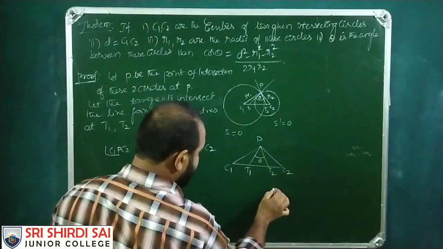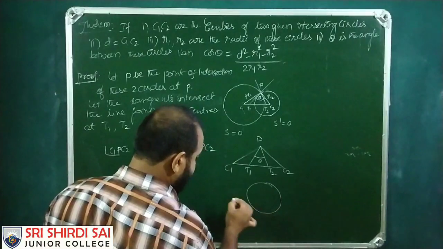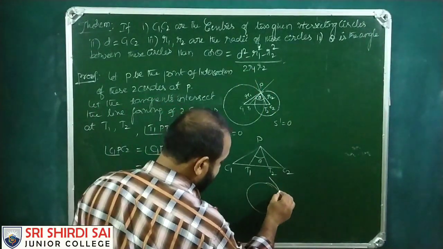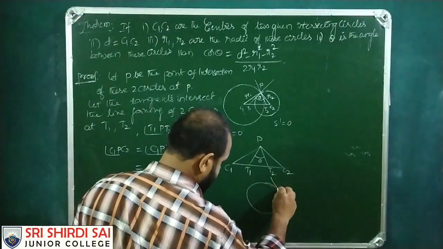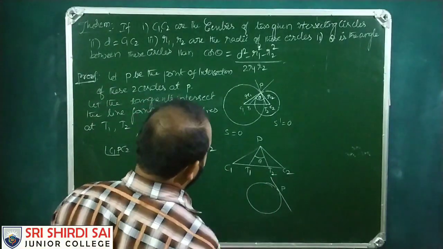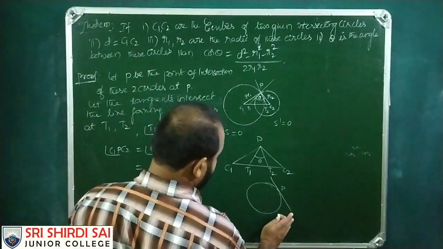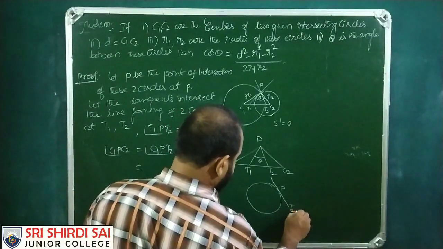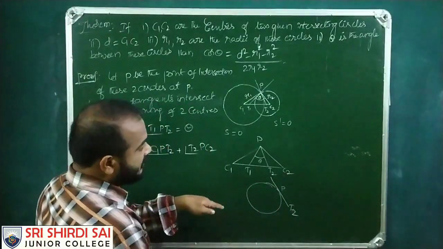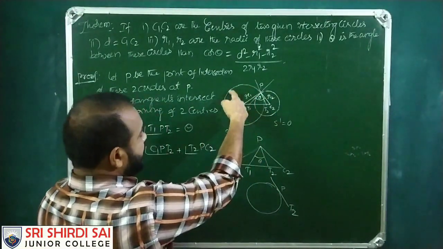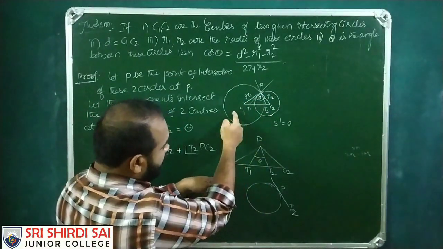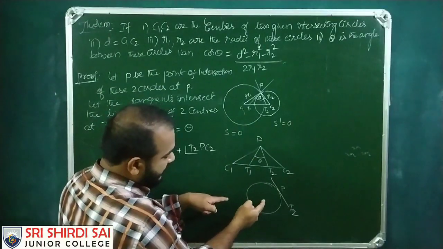This is the big circle, and this is the tangent, and this is the point P, and this is T2. What is PT2? PT2 is the tangent drawn to the big circle. This is the actual diagram; I am just trying to separate this circle in the diagram.